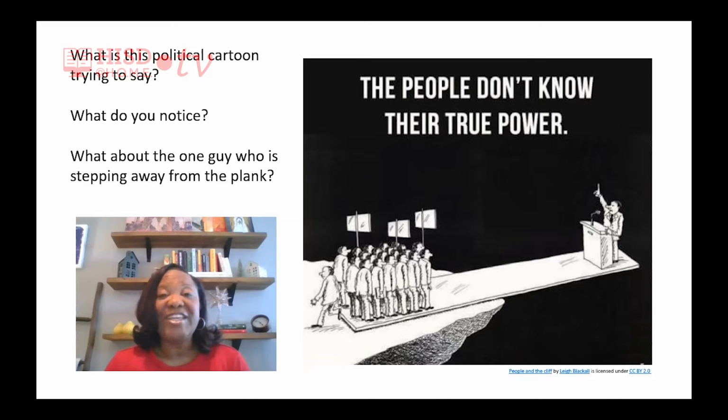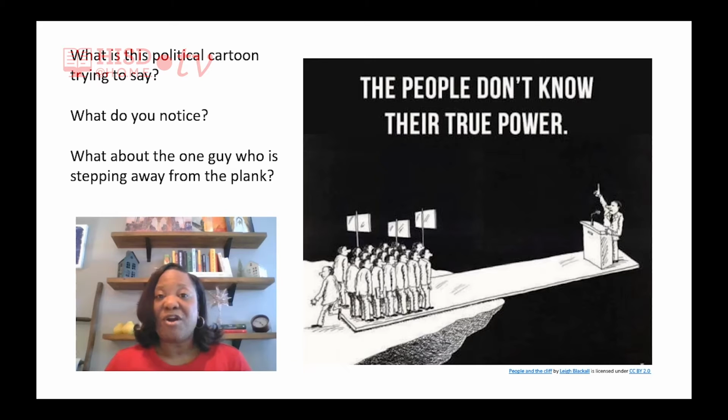But what I really notice here is that there's one guy in the very back who has turned around and is walking away. And it made me think, if another guy turns away and walks away, and another, followed by every single person, who really has the power here? I think the point that the artist is making is that the people hold the power.